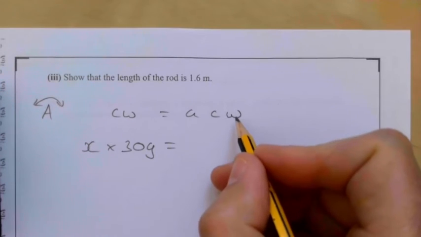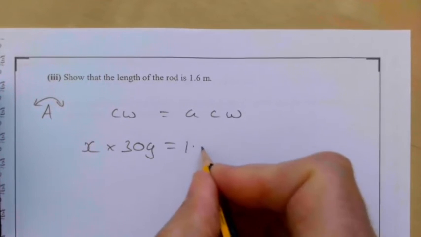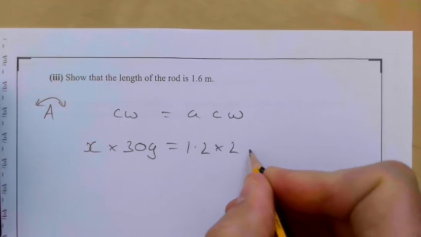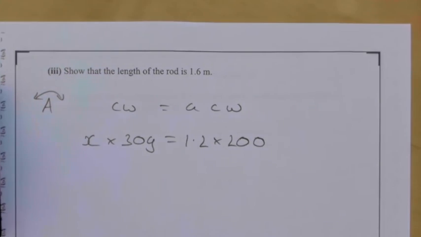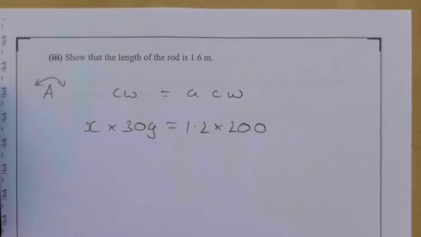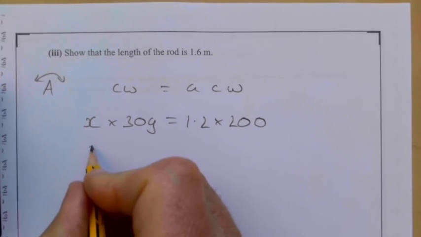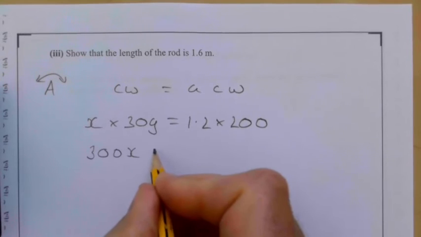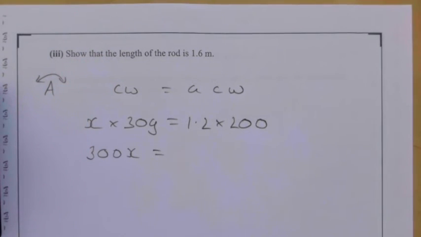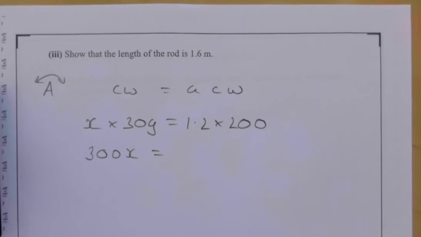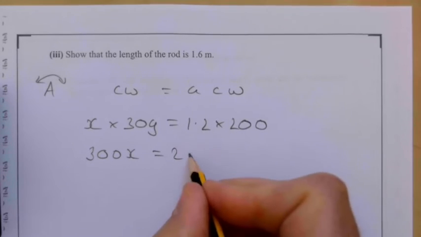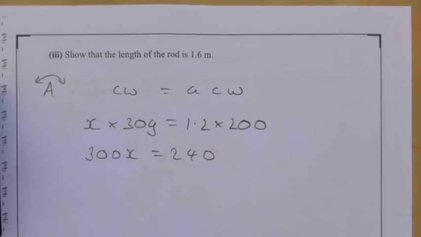So that's going to be a distance of 1.2 times 200. So it's going to be 300X equals 1.2 times 200, which is 240.